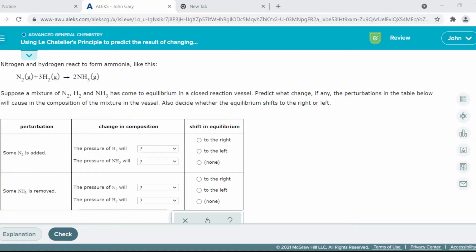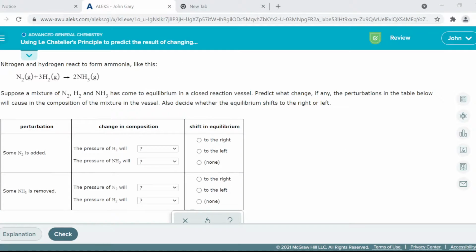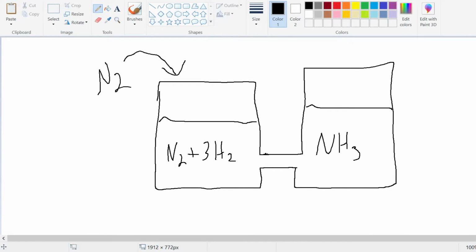Some N2 is added. Alright, so if I add N2 to this side, it's essentially like putting water in on this side. N2's coming in. It asks me to predict what will happen with some of the other things. Alright, the pressure of H2. Okay, so H2 is on the same side with the N2.